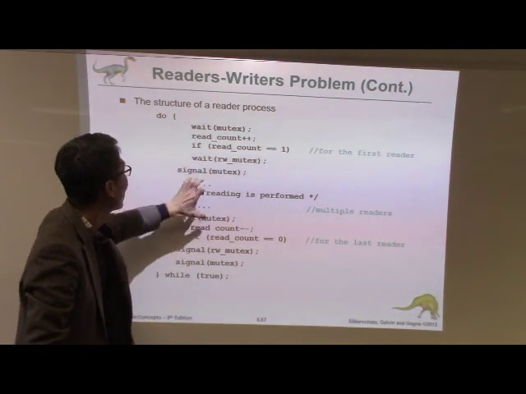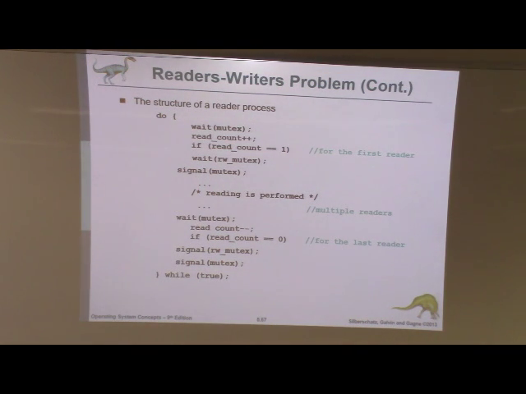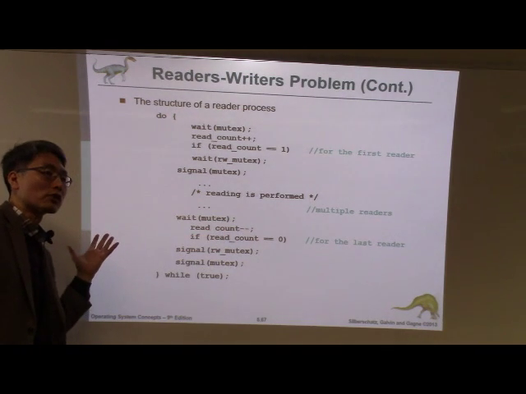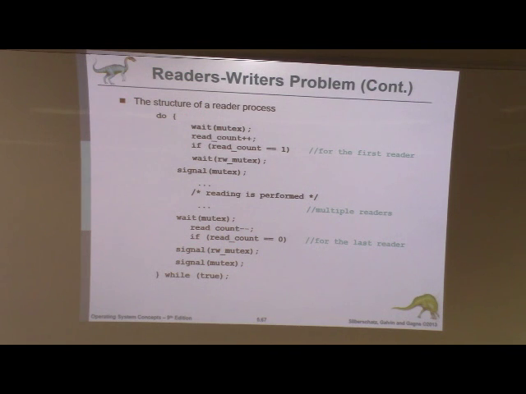This part, and this part. So for this part, many processes can enter the critical section. Then once this is done, we can reduce the read count. Then release the lock of the read-write.